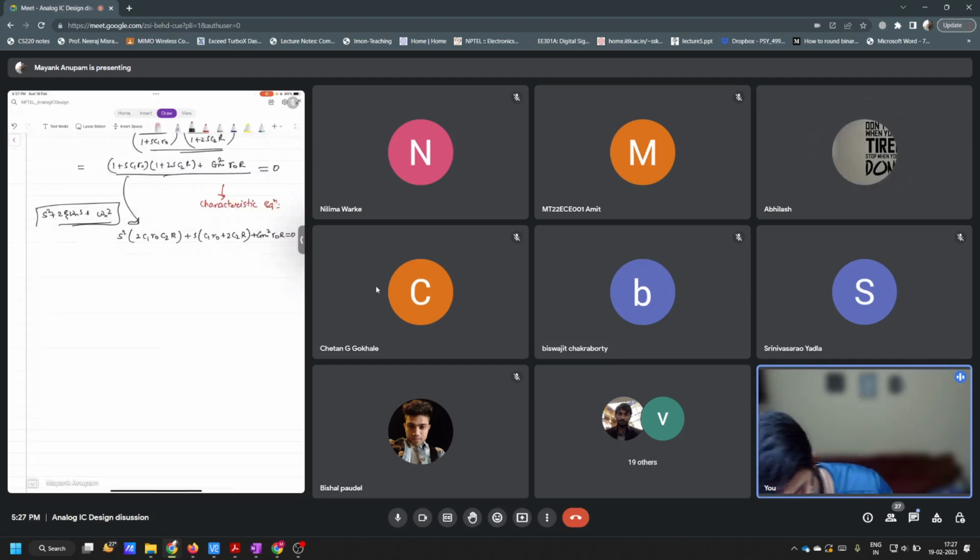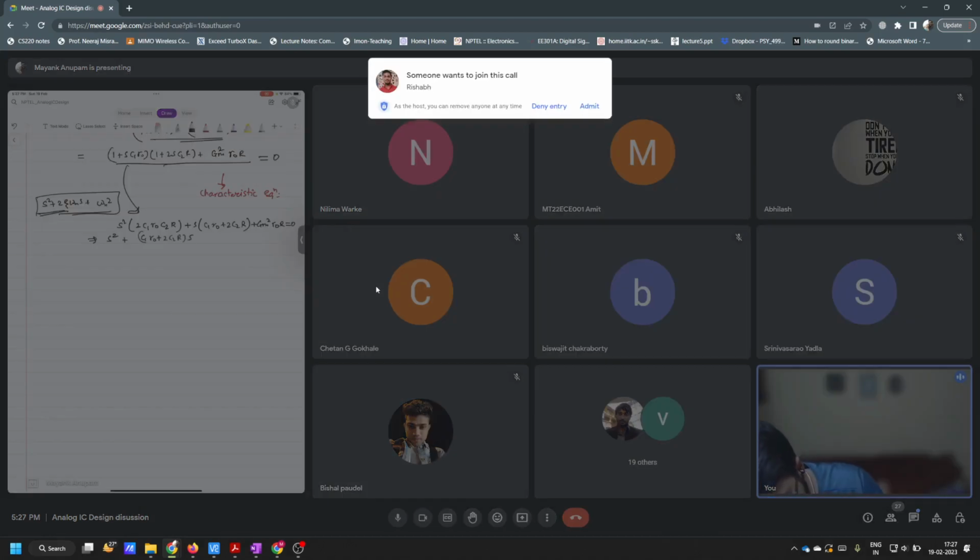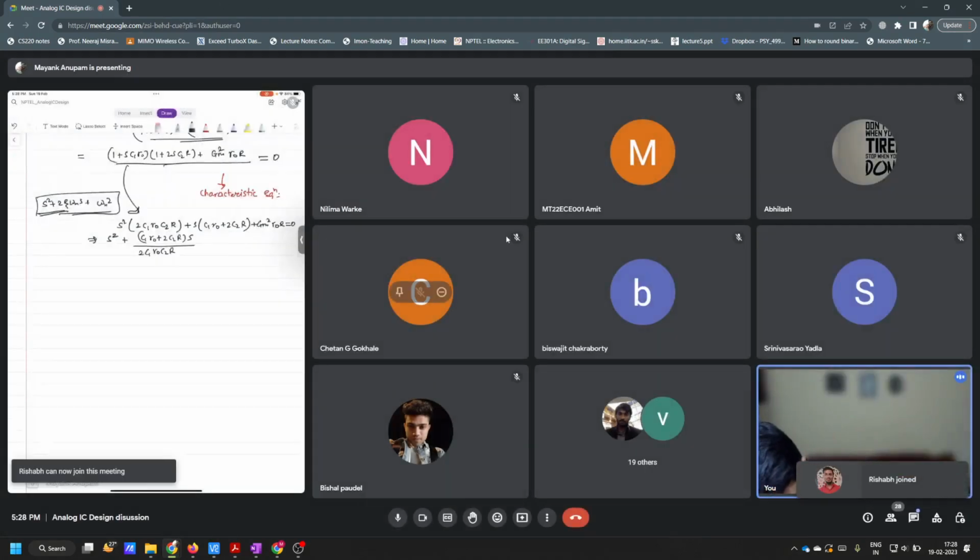So let's write it in this fashion: s square plus (C1 R naught plus 2 C2 R) into s divided by 2 C1 R naught C2 R. This is the second term, and the third term will be gm square R naught R divided by 2 C1 R naught C2 R, equal to 0.